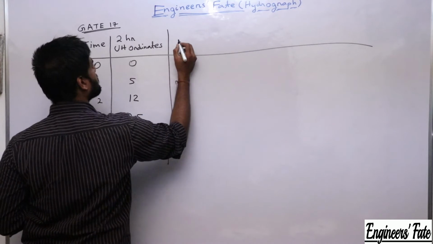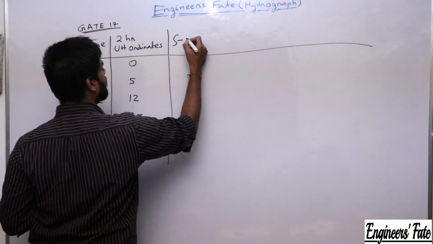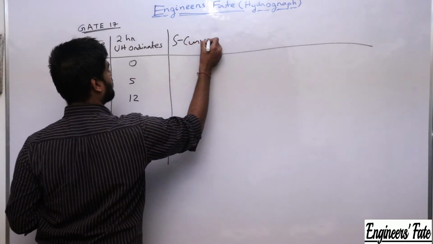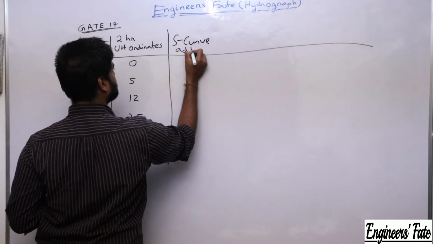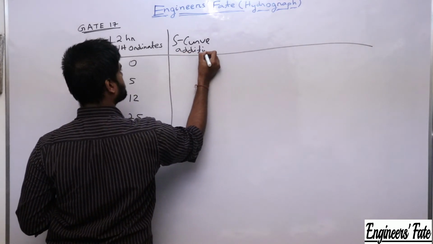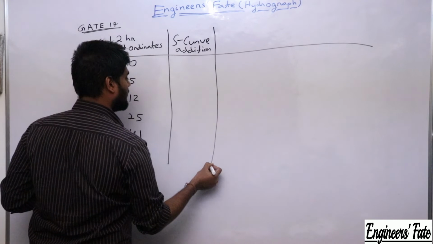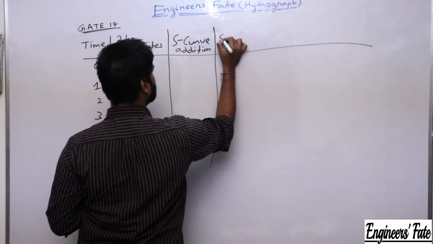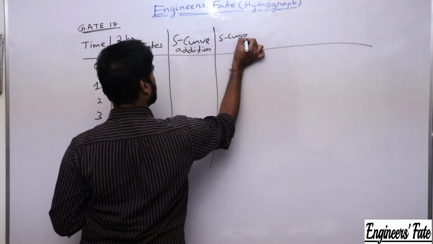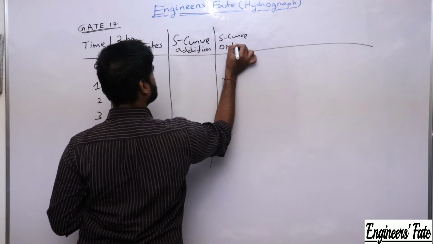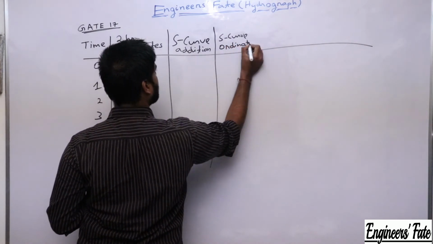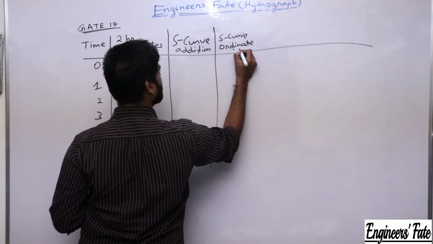After this there will be the column of S-curve addition, and the next column is S-curve ordinate, and this S-curve ordinate column is for SA.